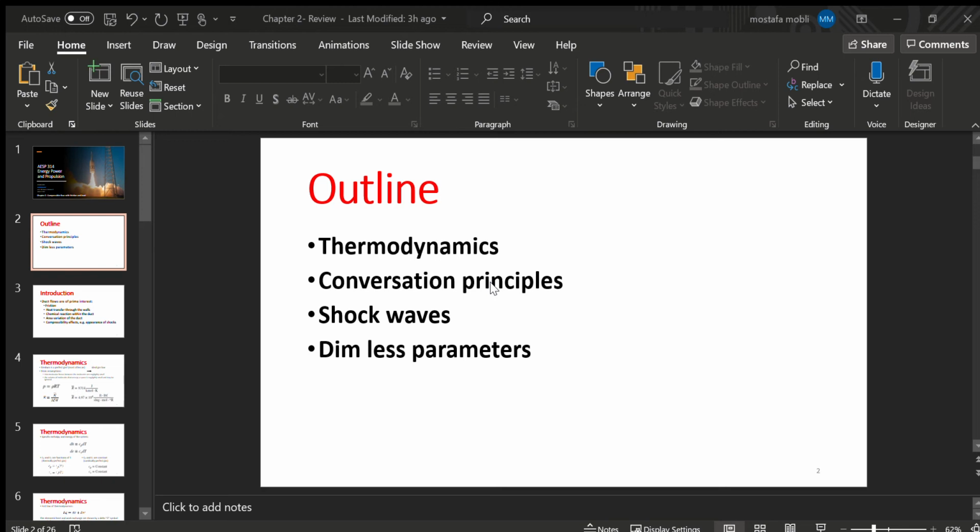So is air a monatomic gas? A single atom gas. Okay, monatomic. Is air a monatomic gas?